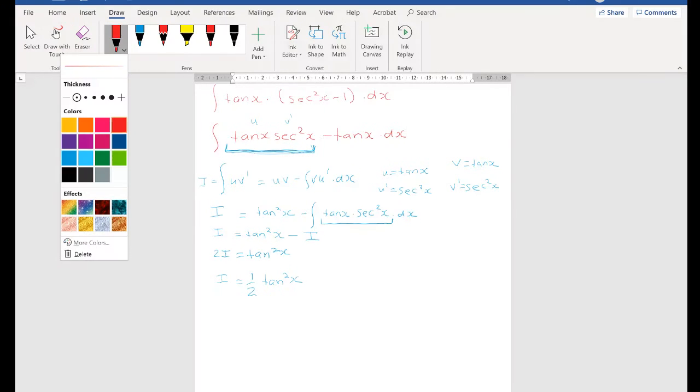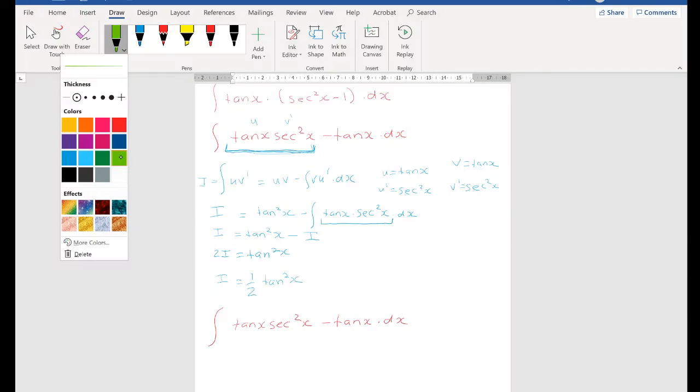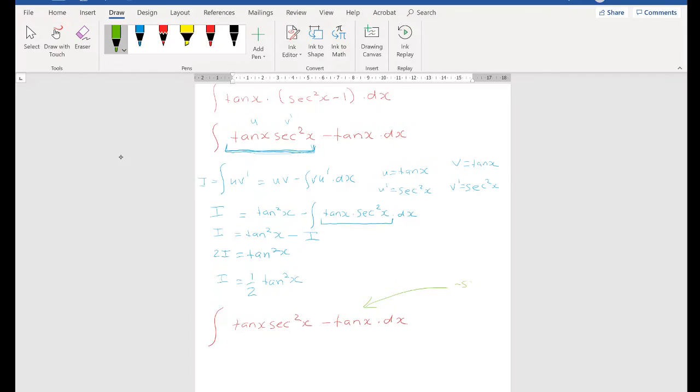But remember, this is only the blue underlined part. Bring back down the original question. The original question now says, okay, you wanted the integral of tan x sec squared x minus tan x. Now, as a side note, tan x is sine over cos, so that's really the same thing as negative sine x over cos x. And what do you know, the derivative of the bottom is on top. We've seen that before.